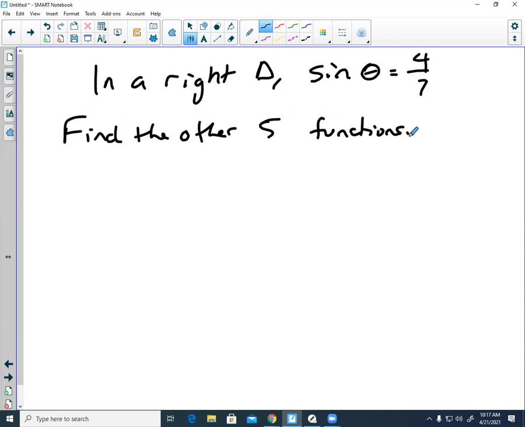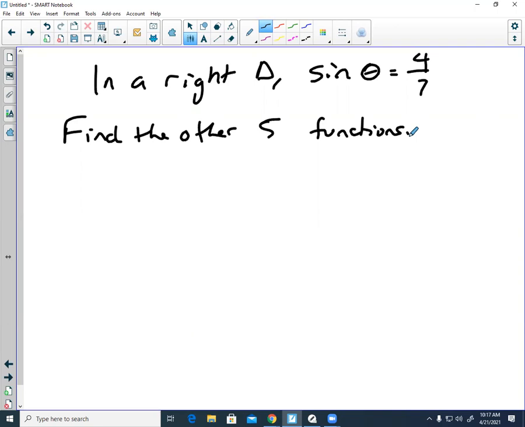This is exactly like an SAT style question, where they give you something and it looks like they don't give you anything else. Start by drawing a picture and defining what sine of theta equals 4 over 7 looks like.